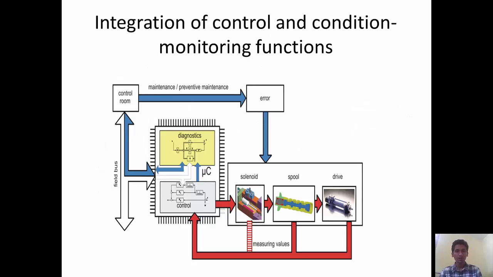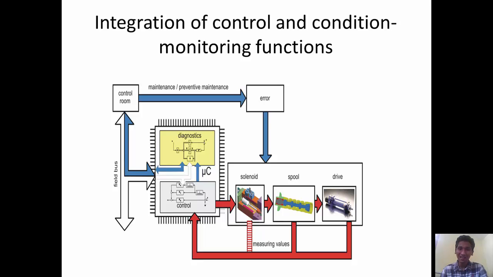This is a diagram showing the fluid passing from the cylinder to the spool. By applying pressure, the spool will move, and the drive will actuate it. If the drive gives the signal in the form of current, voltage, or displacement, this parameter will go to the microcontroller processor, and the output will go to the diagnosis technique and then to the control loop.